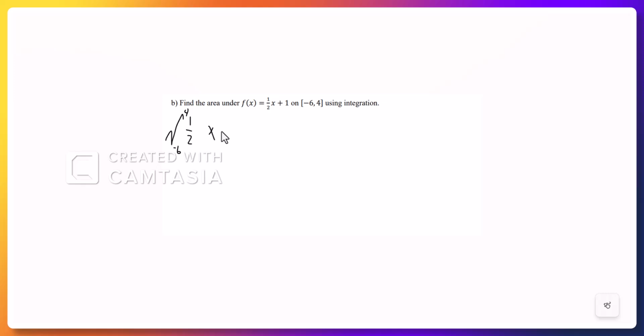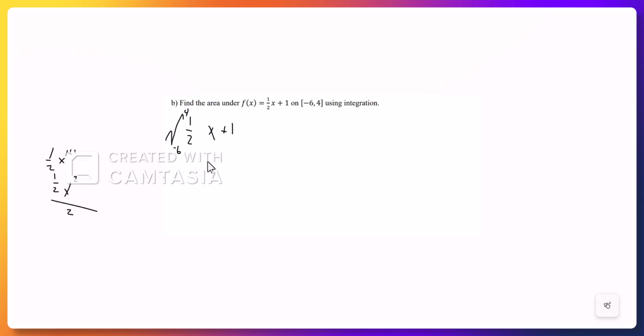And when you antiderive it, it's going to be 1 over 2x, so this is going to be adding 1 to the exponent, so it's going to be x squared, 1 over 2 divided by 2.